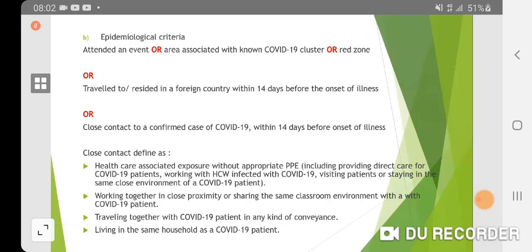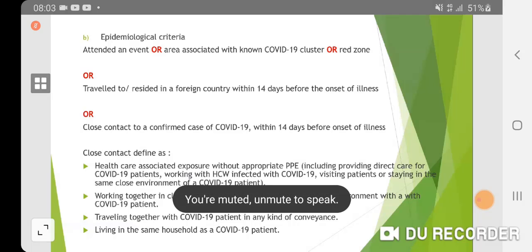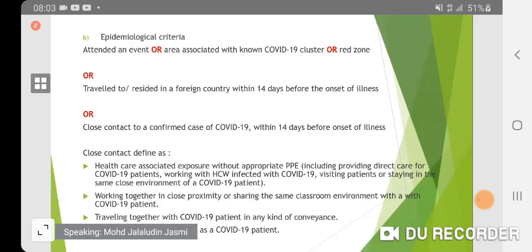What is the close contact? It can be defined as healthcare associated exposure without appropriate PPE, which including providing direct care for COVID-19 patient, working with healthcare worker infected with COVID-19, visiting patient or staying in the same close environment of a COVID-19 patient.